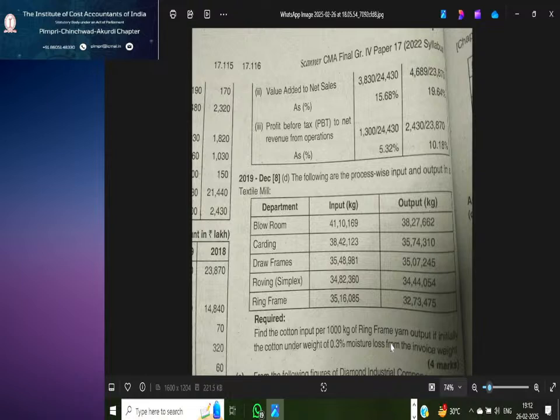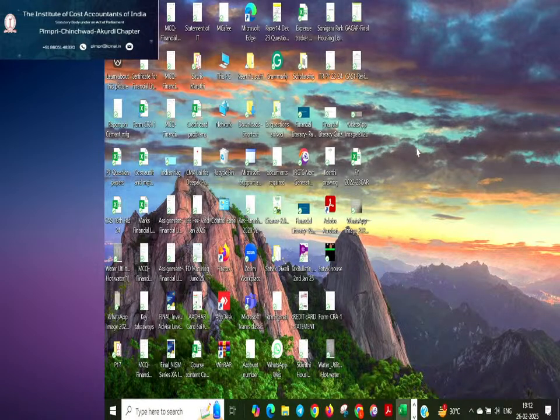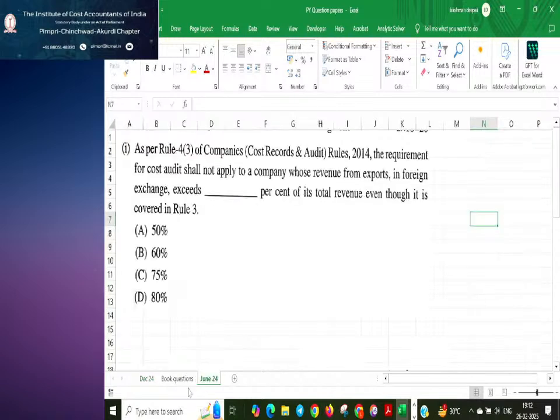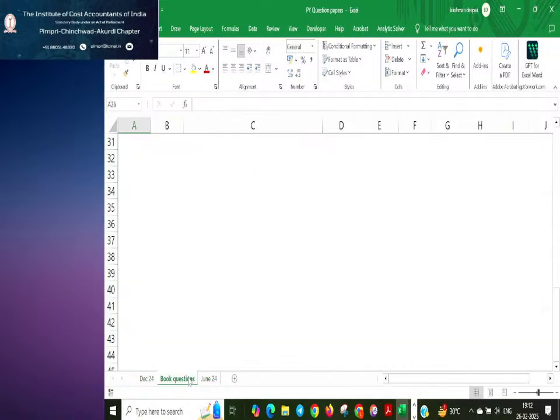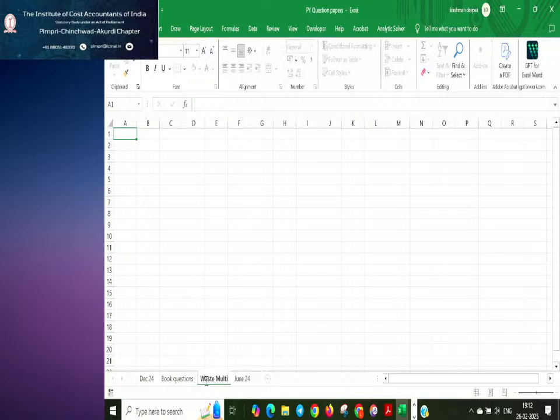So what I will do is I'll put all these things in an Excel sheet. This is waste multiplier. I'm yet to post it; I'll post it by today, whatever I have created so far.